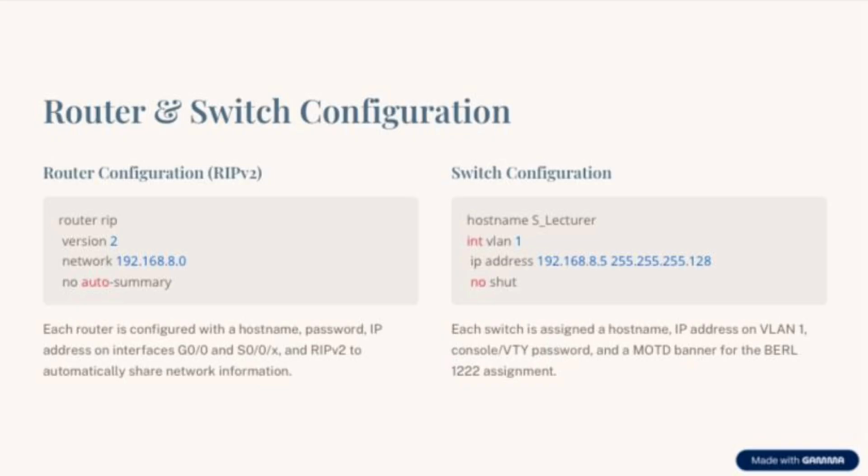Router and switch configuration. Router configuration RIPv2 using command router rip version 2 and enter the directly connected network. Then last, enter no auto summary. Each router is configured with a hostname, password, IP address on interface G00 and S00X and RIPv2 to automatically share network information.